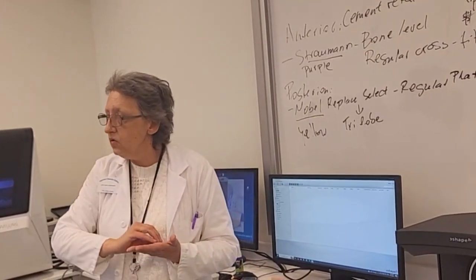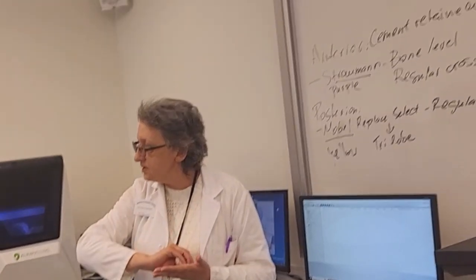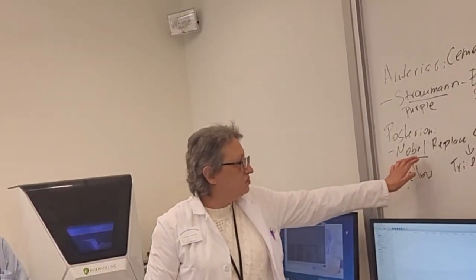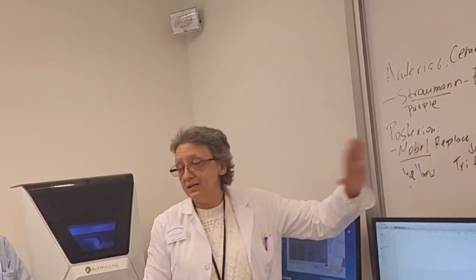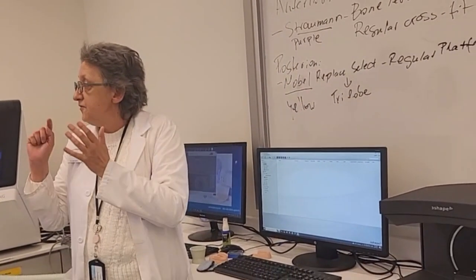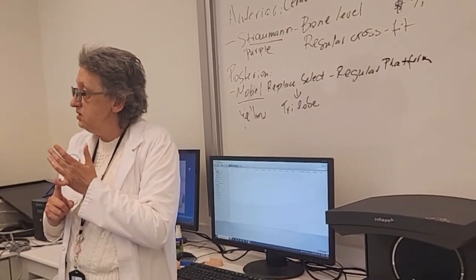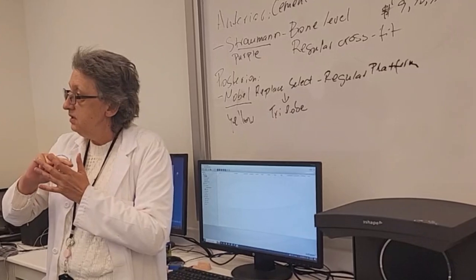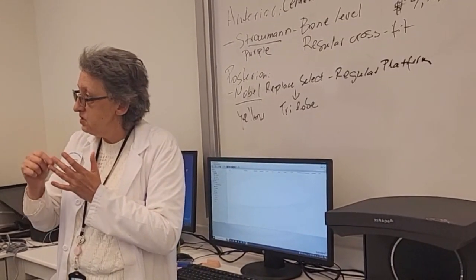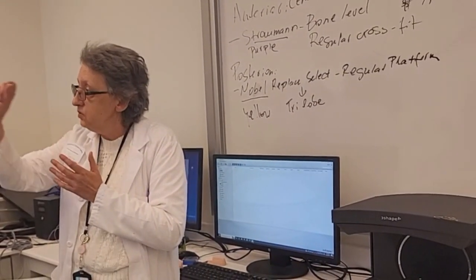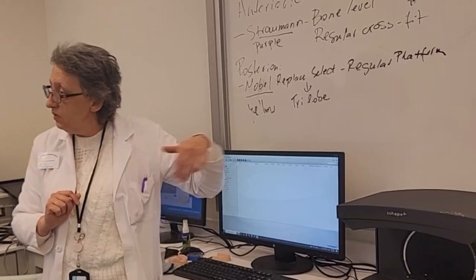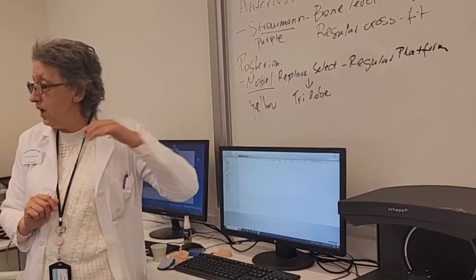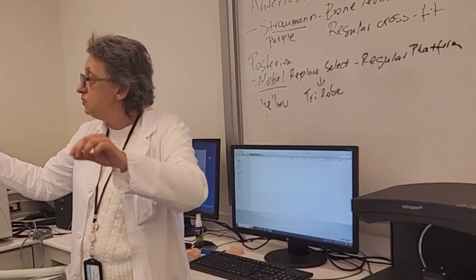Because the whole kit, the whole product that goes into a kit, for instance, if I go into Nobel Replace Select, regular platform, starting from the impression or transfer coping and finishing with the screw, that is color coordinated. So they're all yellow, because they coordinate.